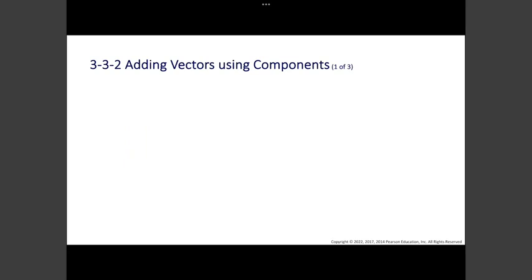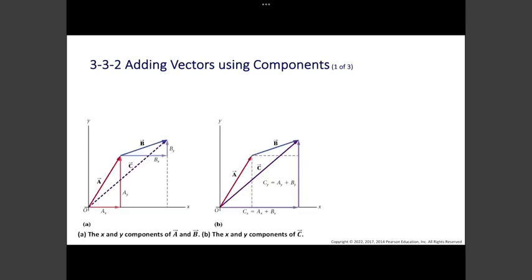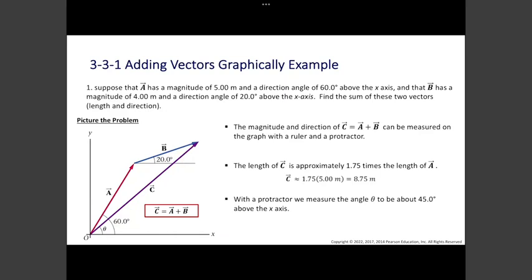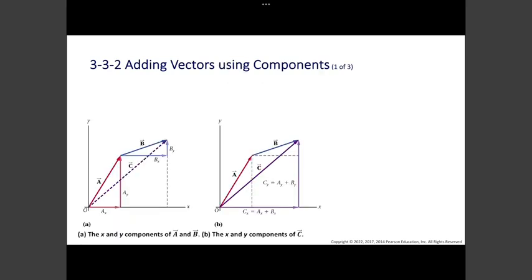In contrast, exact results can be obtained by adding A and B in terms of their components. To see how this is done, consider figure A, which shows the components of vector A and vector B, the x and y components ax, ay, bx, by.